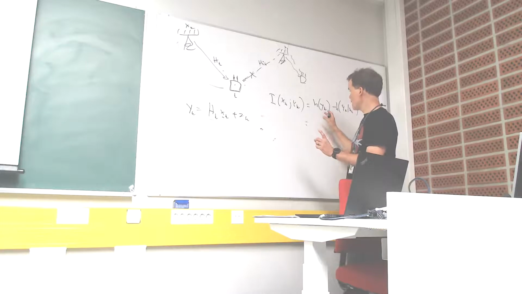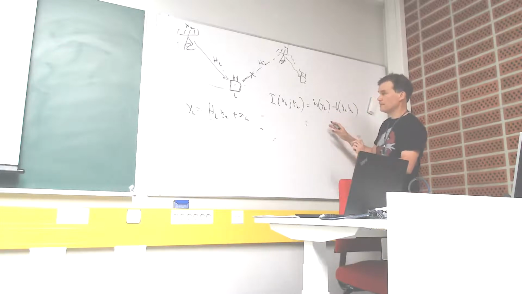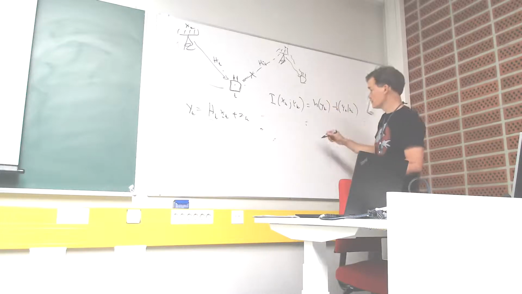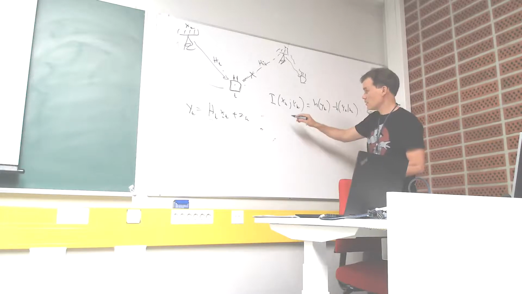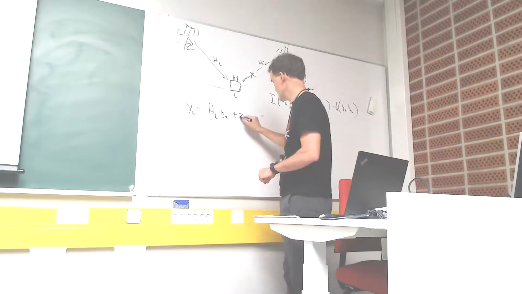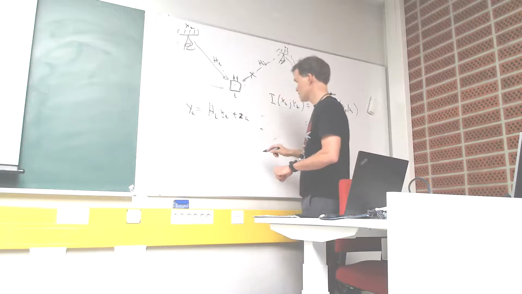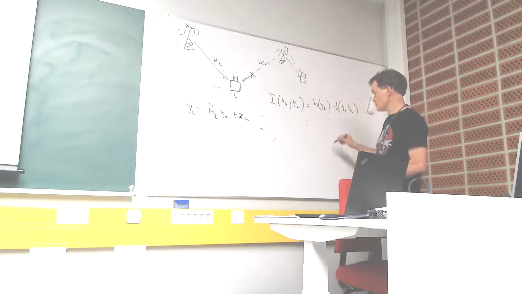Now, the covariance of yk includes this interference plus noise component.